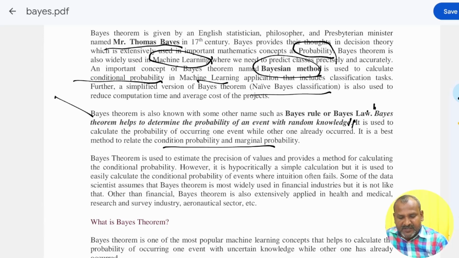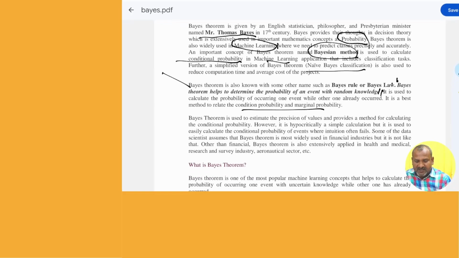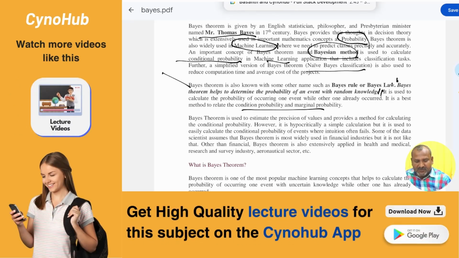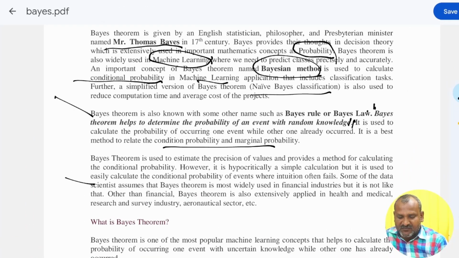Okay. Next, Bayes theorem is used to estimate the precision of values and provides a method for calculating conditional probability. However, it is hypothetically a simple calculation, but it is used to easily calculate the conditional probability of events where intuition often fails. Okay, some data scientists assume Bayes theorem is most widely used in the financial industries, but it is not like that.